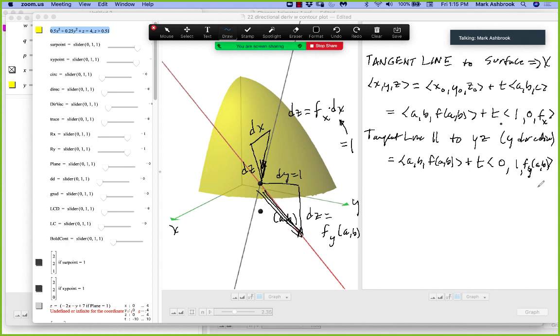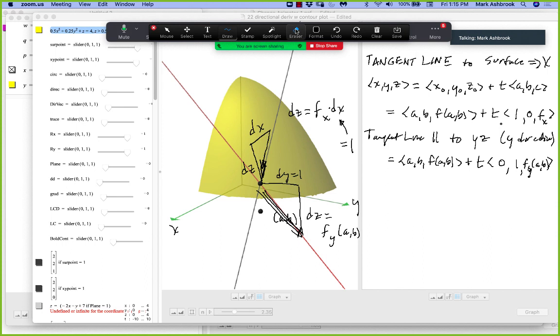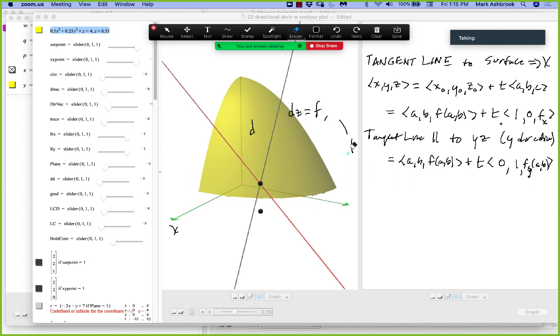Okay, so we wrote the equations of both those lines. We got our point on the point of tangency. We figured out what the direction vectors were. And so there's a plane that contains those two lines. And what would be special about that plane for our surface? So let's draw that plane.